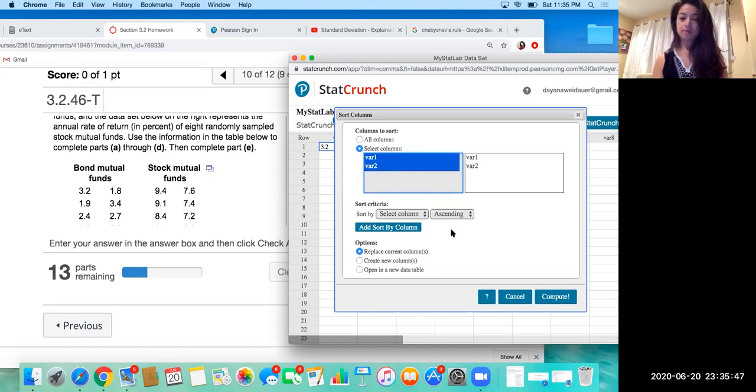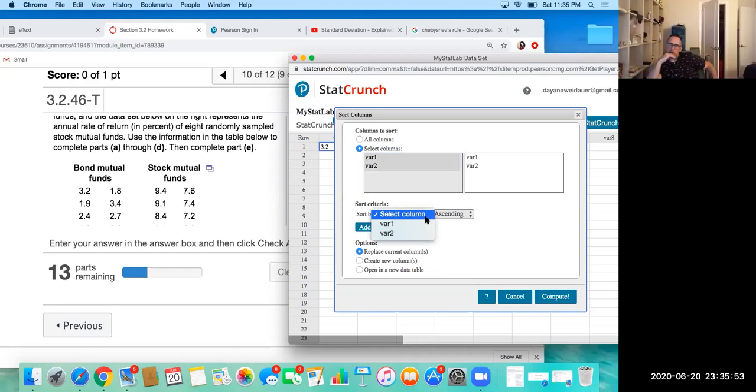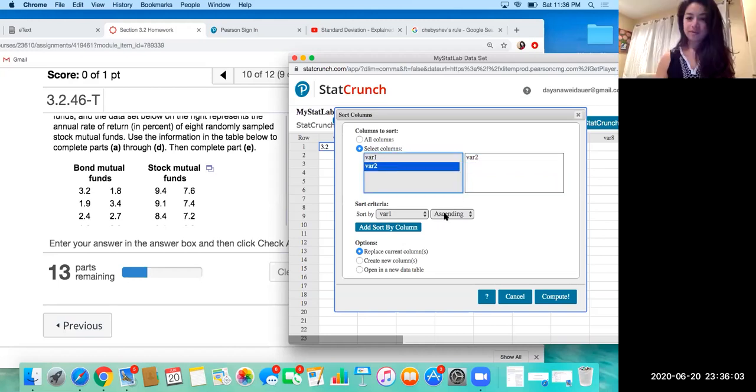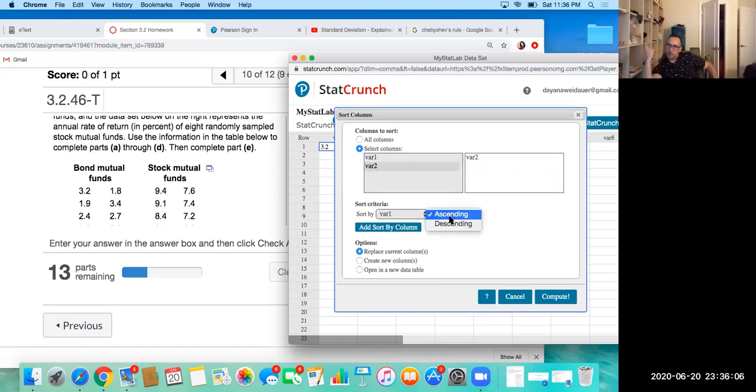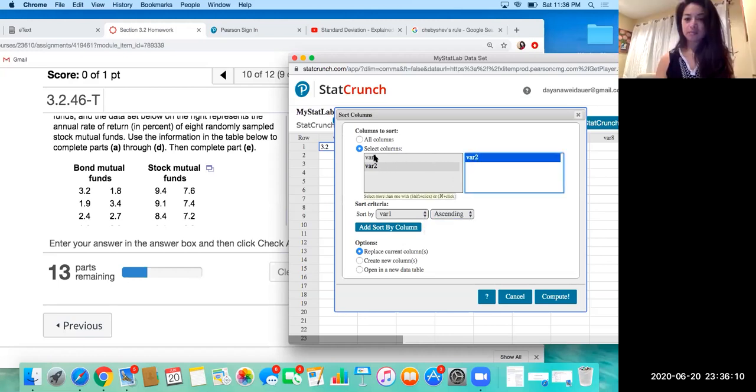Sort by, actually, just click variable 1. Maybe don't click them both. I'm not sure how this works. This is weird. Click variable 2 and remove. Okay, there you go. Well, I think we want variable 1, don't we? Oh, okay, there you go.